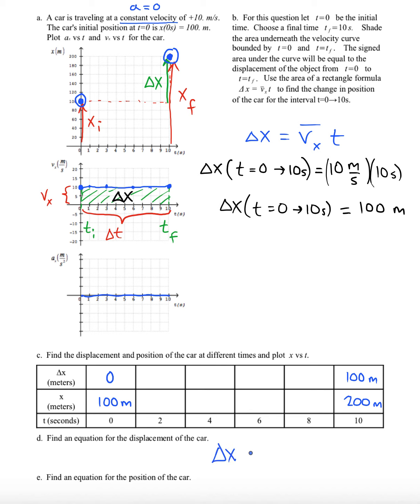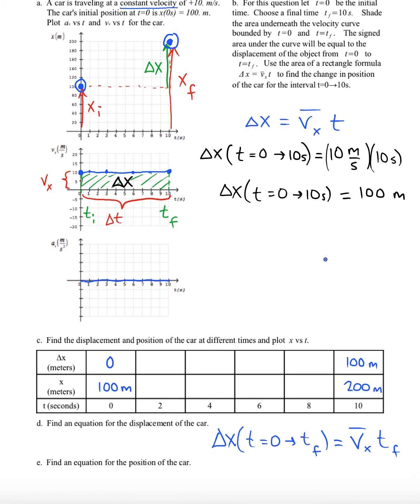Delta x from t equals 0 to some final time equals the velocity times that time. Or in other words, if we want to simplify it, delta x equals vt.